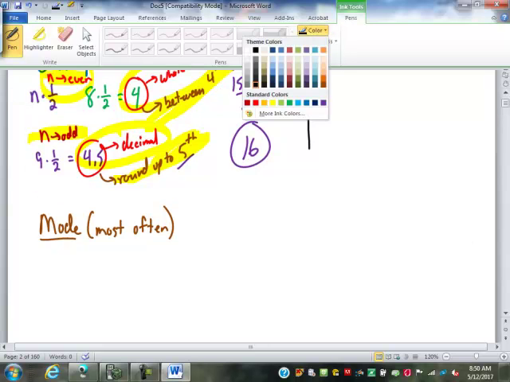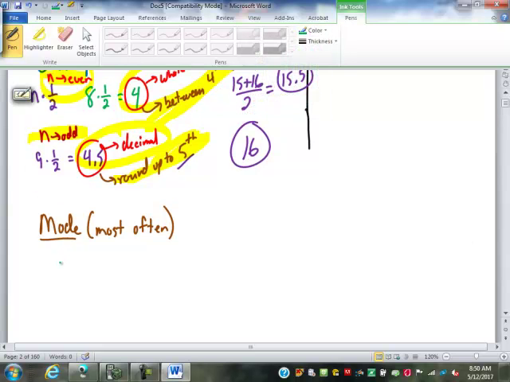And for numerical data, it's really not useful. The mode really applies mostly for categorical data.